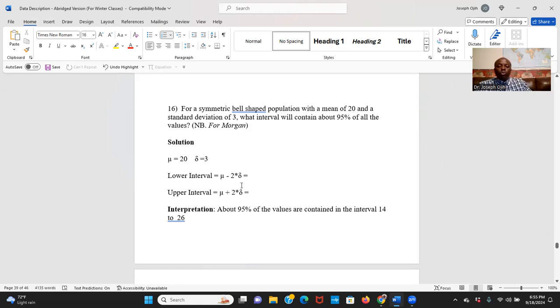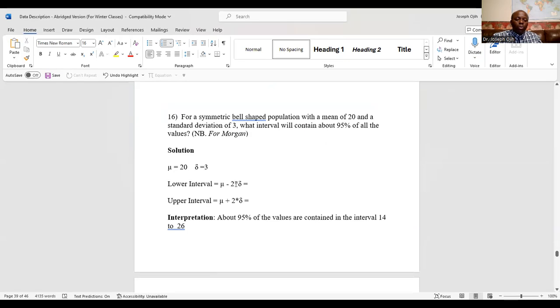From what I just showed you, 95% fall within 2 standard deviations of the mean. So we're going to use 2 standard deviations. On the left side, we use minus 2 standard deviations. On the right side, we use plus 2 standard deviations.